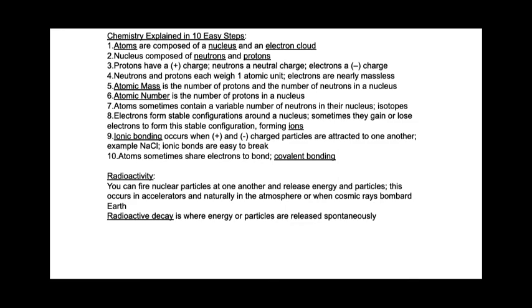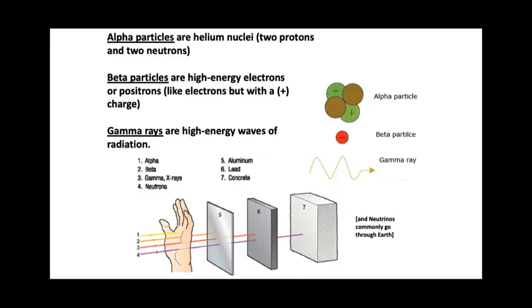Alpha particles are the easiest ones to understand. Essentially, it's a helium nucleus that's expelled from, let's say, uranium. An alpha decay consists of 2 protons and 2 neutrons. Even though that particle is very high energy, it can be stopped by something like your hand.